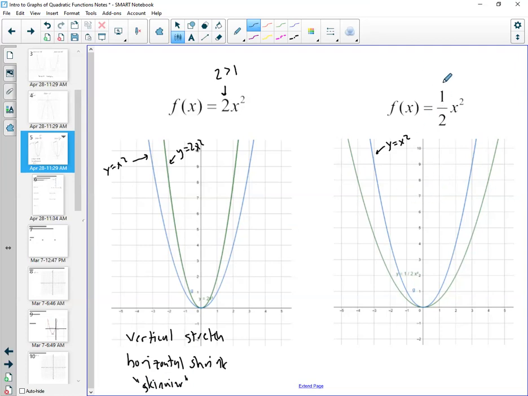And here, when we multiply a number on the outside, it was 2x squared, now it's 1/2 x squared. Since this number is less than 1, you can see that the outside one is now y equals 1/2 x squared. And so we've done what I would call a horizontal stretch.